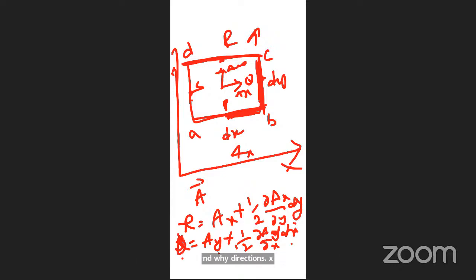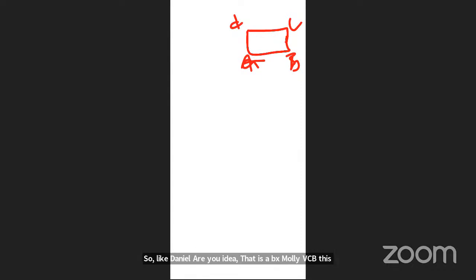The line integral of a vector over the rectangular path abcd, the total value, is equal to P plus Q plus R plus S. This is the rectangle small abcd, with Ax and Ay directions, that is dx and dy.